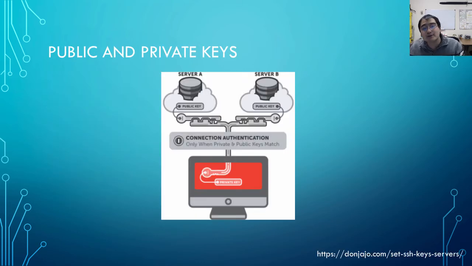All right, so the way that these work is you basically make a pair of public and private keys. And what you do is you give the public key to the computer that you want to prove who you are to. So usually you log in with your username and password, and you upload your public key. And then every time you try to communicate to that computer through the terminal, your computer will say, hey, I'm Josh Nahum.